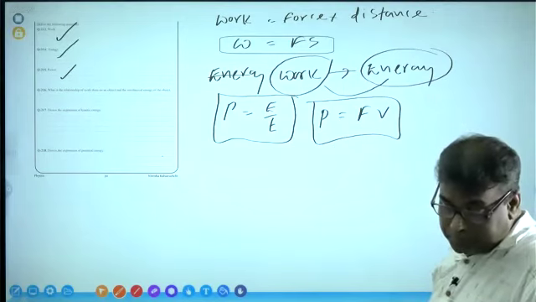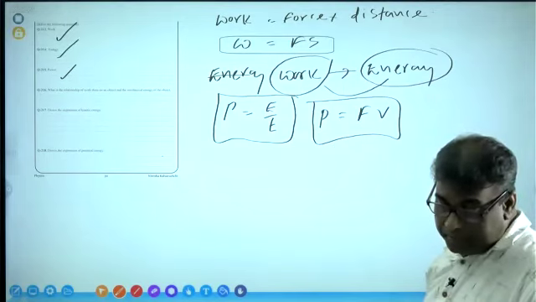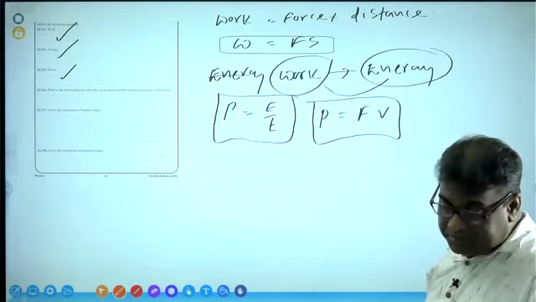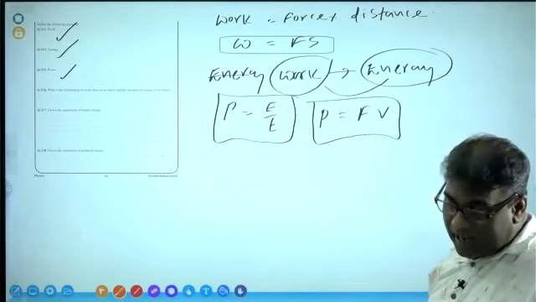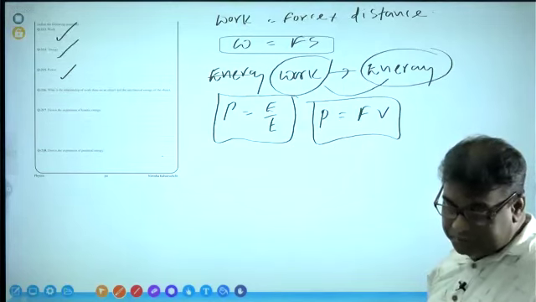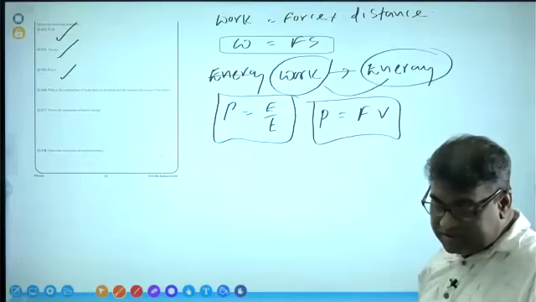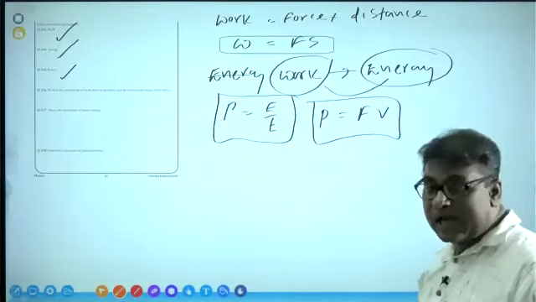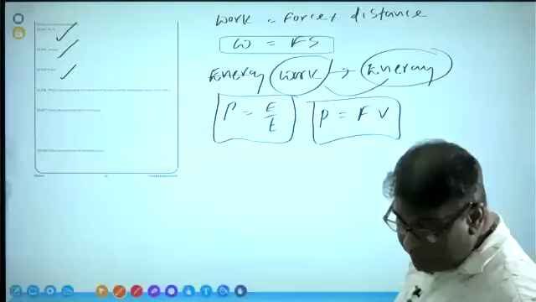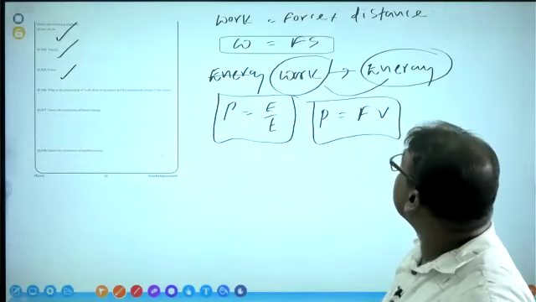Next one, 216. What is the relationship of work done on the object and mechanical energy of the object? Fundamental relationship: if there is no other energy conversion, work done should be converted to mechanical energy.